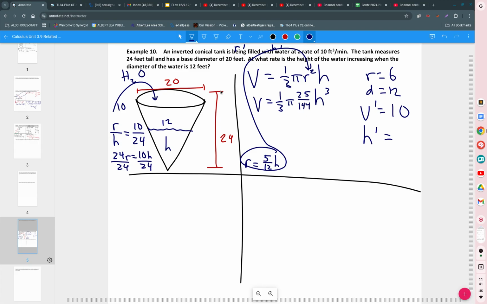Wait, why is it H squared times H? Because I'm squaring this, and this will produce an H squared. Okay. So I have the derivative with respect to time of V equals, if I multiply by 3, I get 25 pi on top and 432 on the bottom.